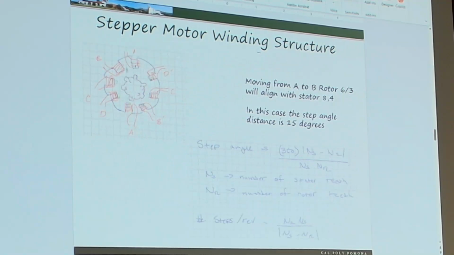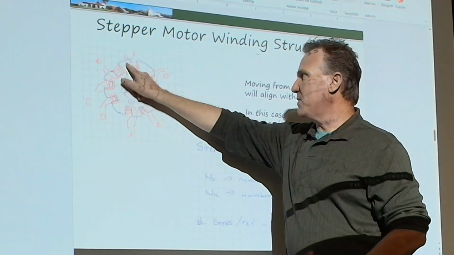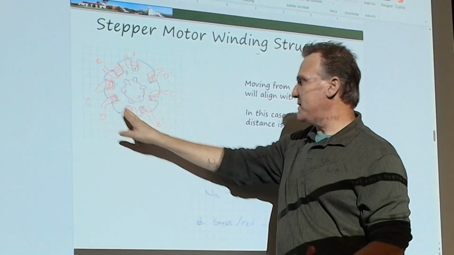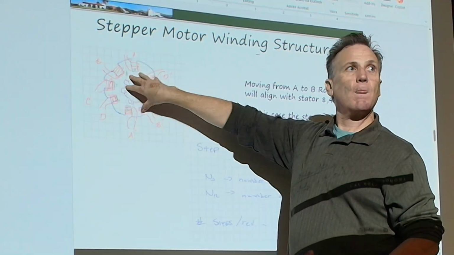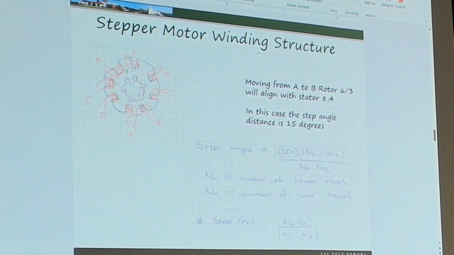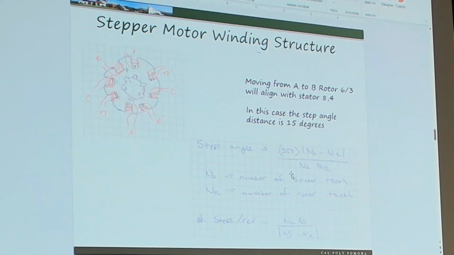And so when we look at the stepper, the windings, there's a ratio of how many little notches are on this guy and how many magnets we have on this guy. So each one of these is a little magnet on this material. And that ratio is going to determine what's known as our step angle. So our step angle is 360 times the difference of the number of poles on our stator minus the number of poles on our rotor, divided by their product.